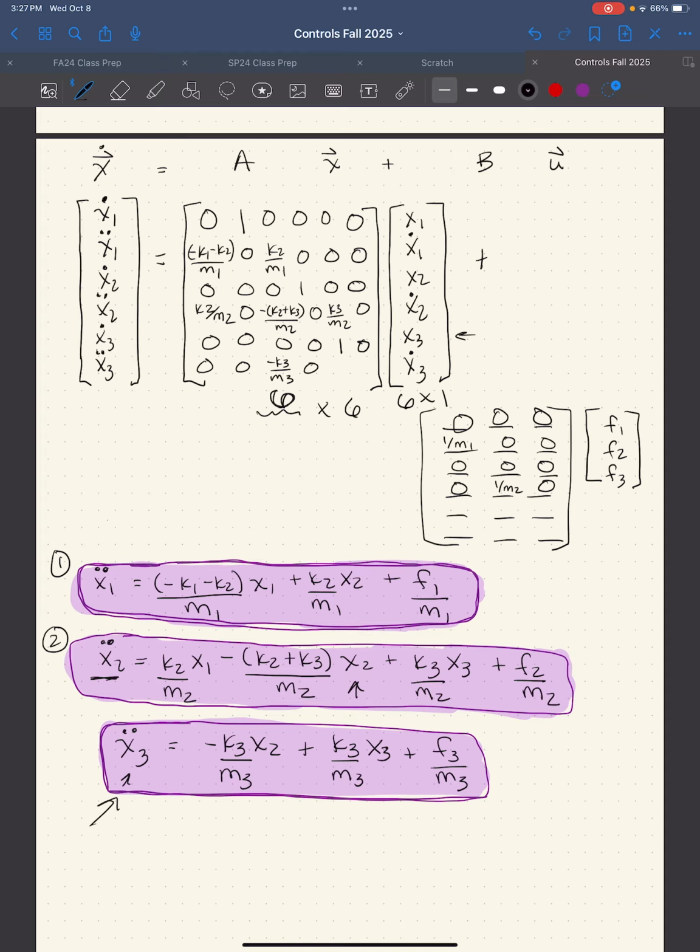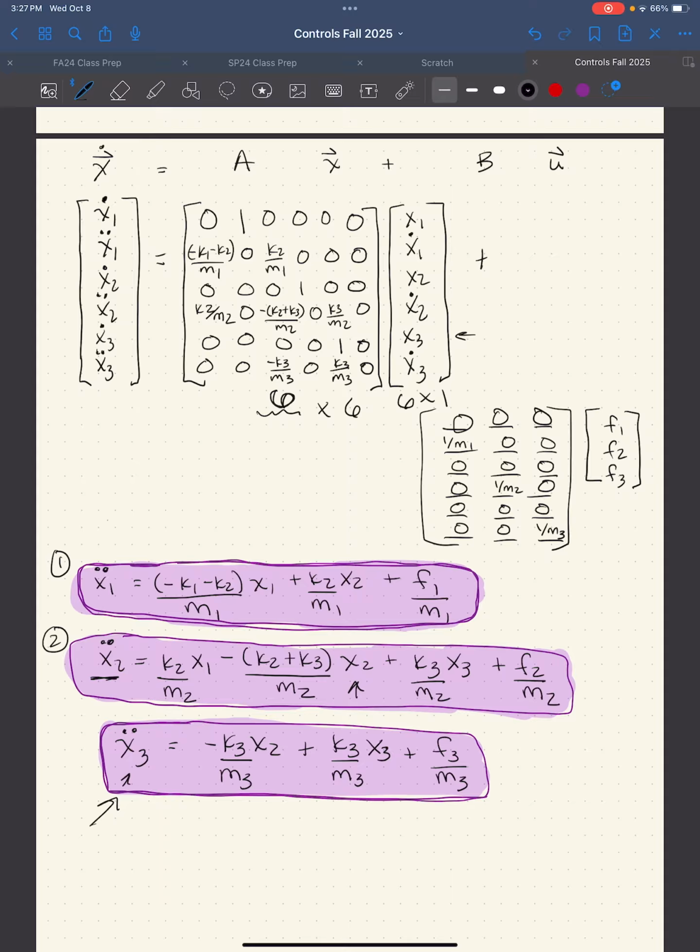No x2 dots. x3 is k3 over m3. And no x3 dots. Oopsies, I forgot to write my zeros for my x3 row. And then this last part is 1 over m3 times f3. Okay. That is my state equation of state space form.